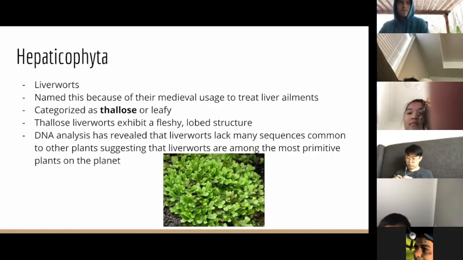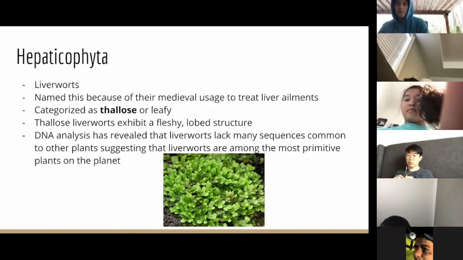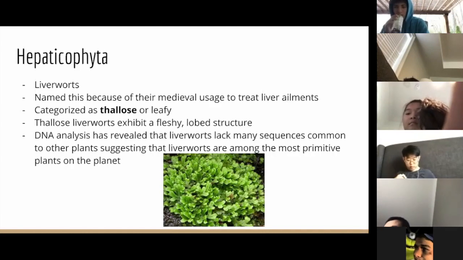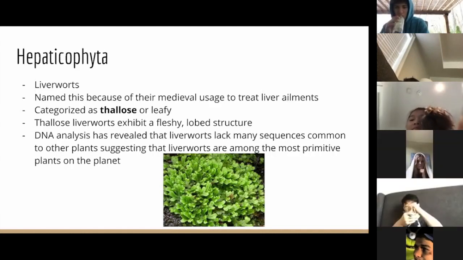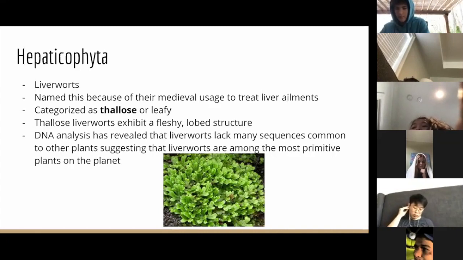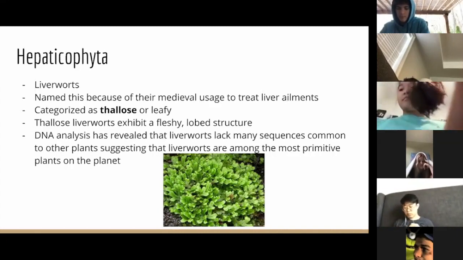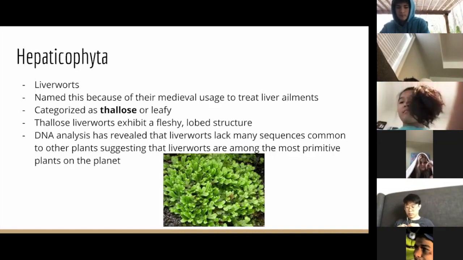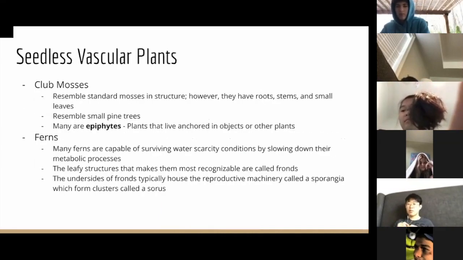Also, another fun fact: DNA analysis actually shows that they are probably the more ancient structure of plants. That's kind of what plants evolved from. What I mean is, the first plant to live on land was probably a liverwort. Okay, it's kind of being weird, but you can still see it.